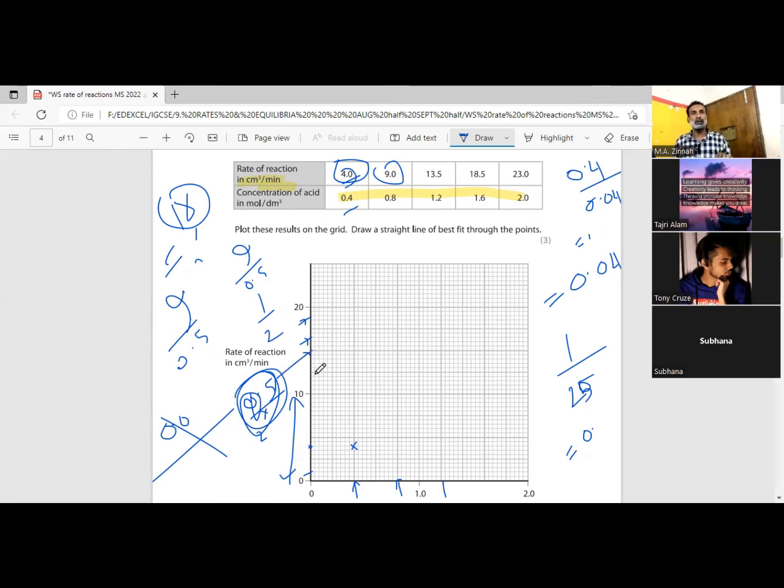How many units there in the graph? How many units? 10. তাহলে তো এখানে আসবে 18। কোথায় আসবে? 10 তারপরে নাকি কোথায় 10 ছিল? 10 তো এখানে, রাইট?